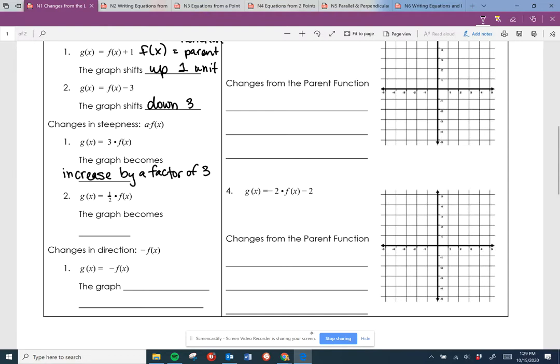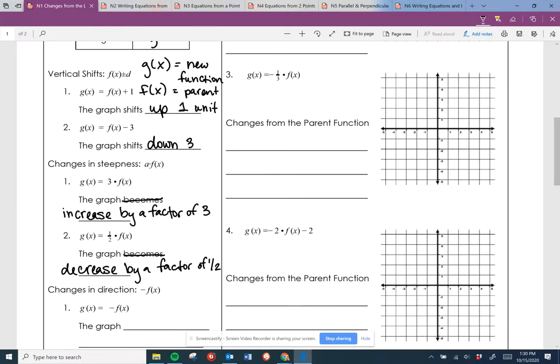Well, it used to be 1, and now we have 1/2. So that's actually going to be a decrease if our new slope is 1/2. So we are going to say that the graph becomes, it's going to decrease by a factor of 1/2. Okay, so the first type of change is going to be the new b value of the graph. That's going to give the graph a new slope intercept, and changes in the steepness are going to give the graph a new slope.